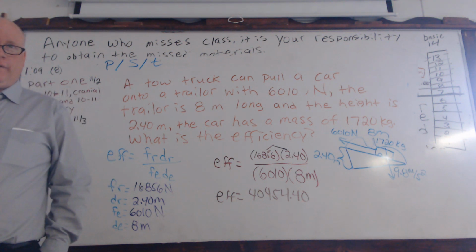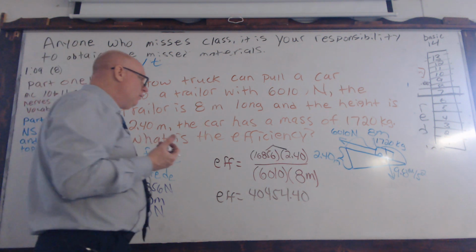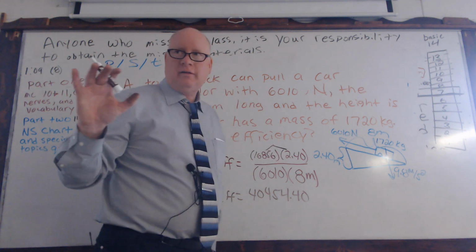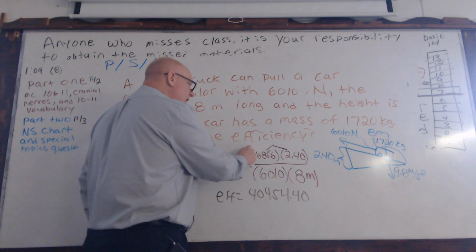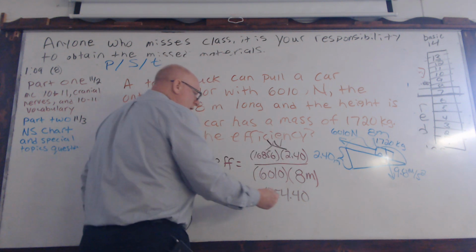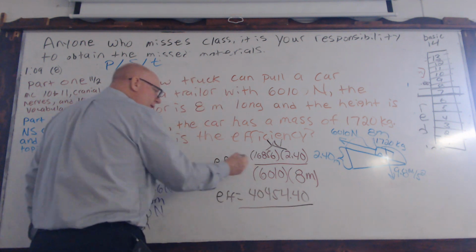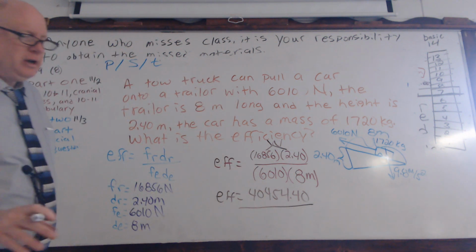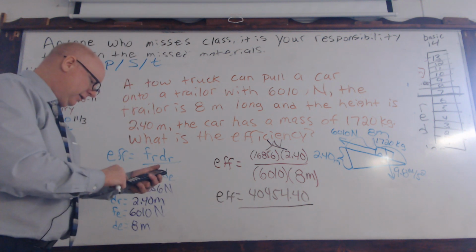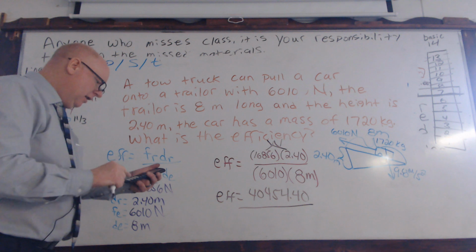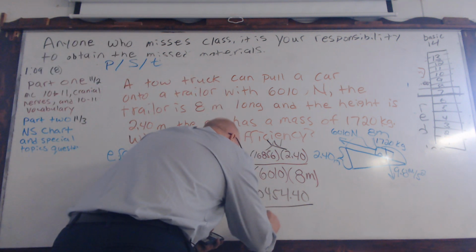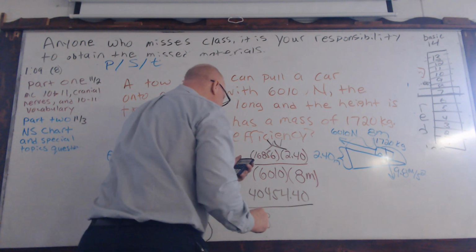Efficiency is another way of writing work out divided by work in, but that's for another time and another place, because any force times a distance gives you work. So what's on the bottom of our fraction now? Whatever 8 times 6,010 is. 6,010 times 8 gives you 48,080.